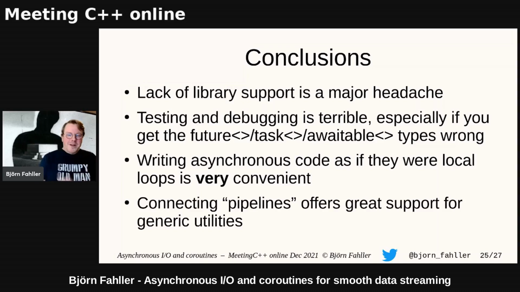And connecting pipelines is amazingly powerful. So this can be used for so many things, like a parser, for example. You start with something that just reads the files and connects it to a lexer that gives you the tokens, and then pass it on to the next step, which generates ASTs and whatever.